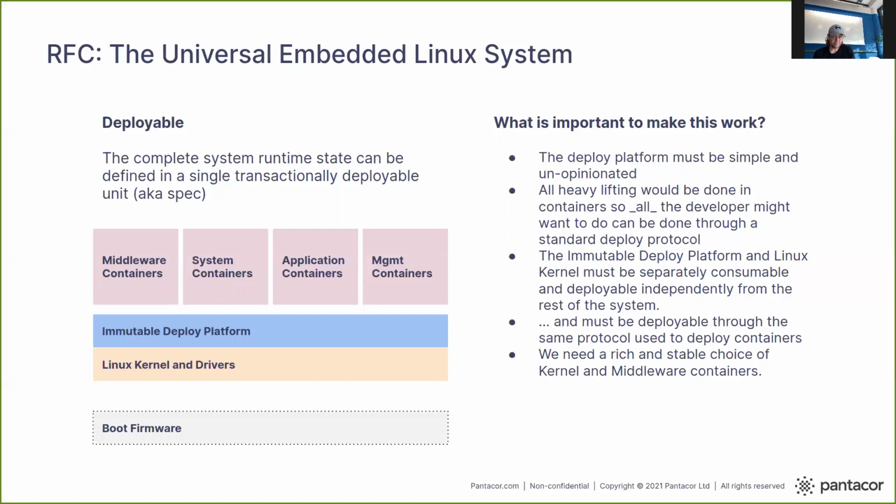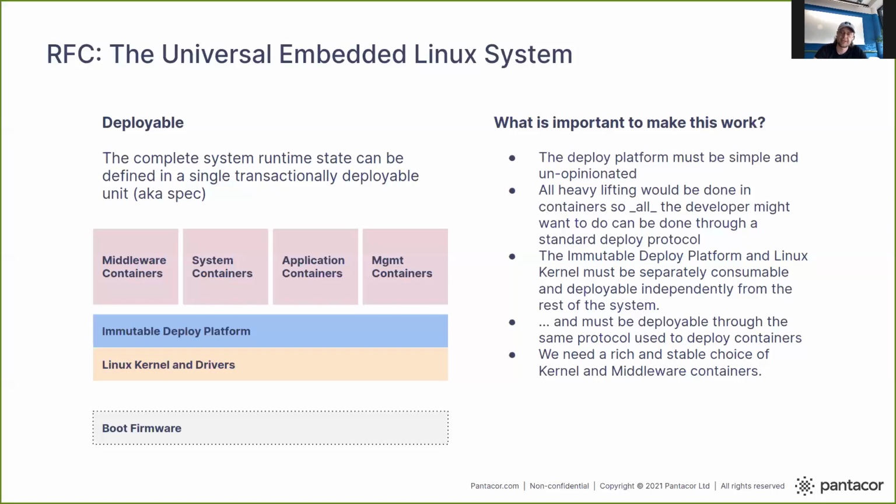In this picture, the deploy platform must be unopinionated, as already mentioned, and all the heavy lifting should not happen there. Nothing should happen there except the deployment and the lifecycle. The rest is the middleware containers, the system containers, the application containers, and the management protocol containers for the higher-level management tooling you would like this system to be driven through.